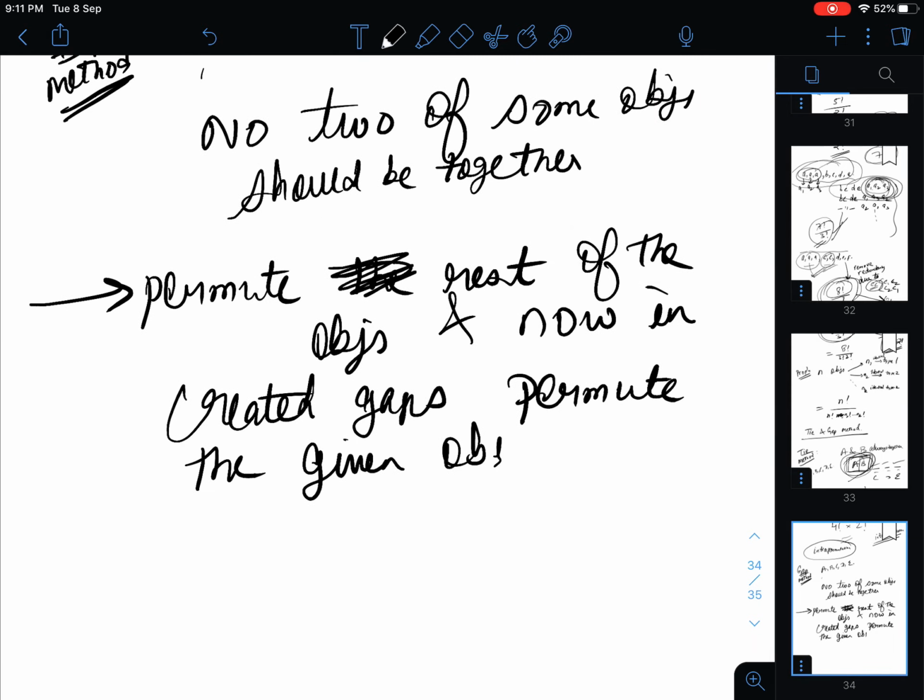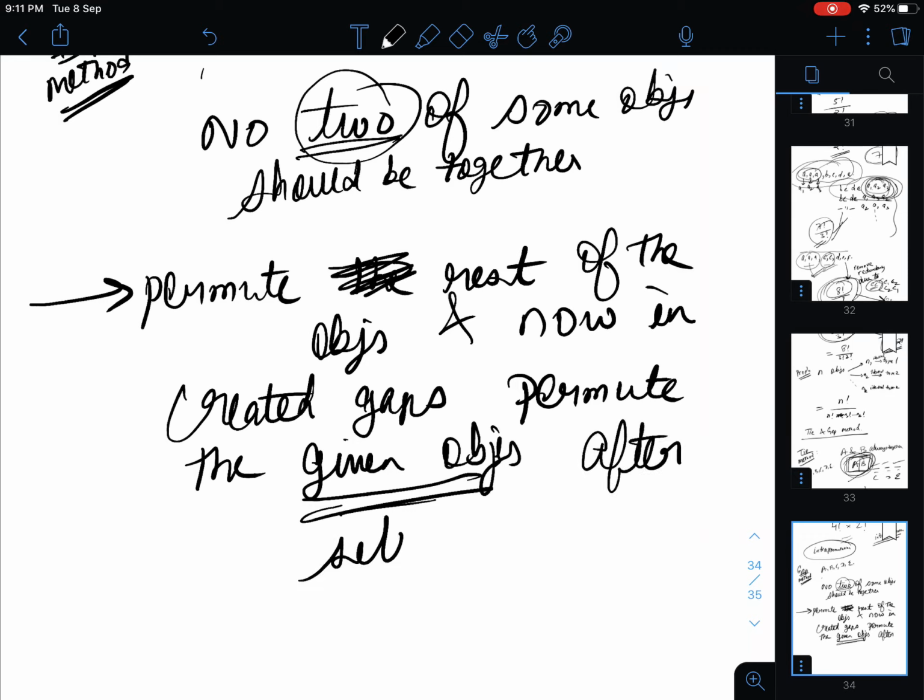We will take an example very soon and then it will become very clear what I'm trying to say here.